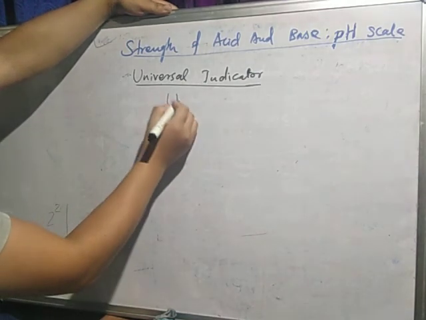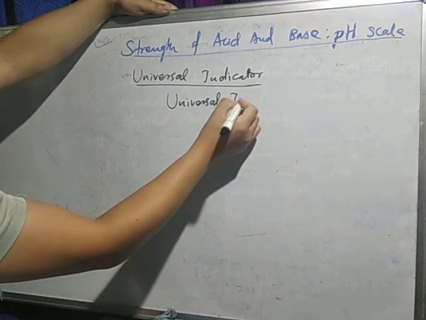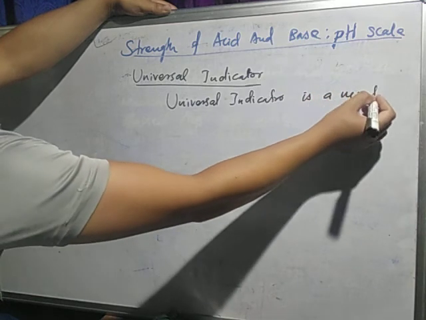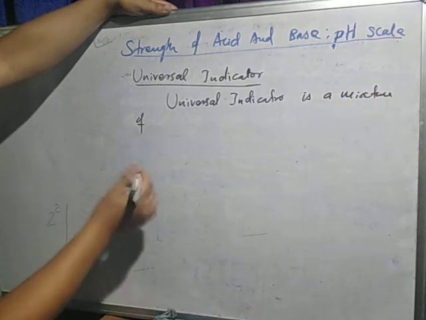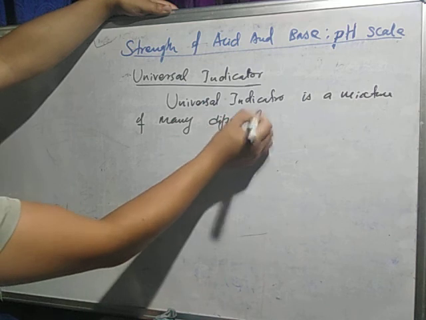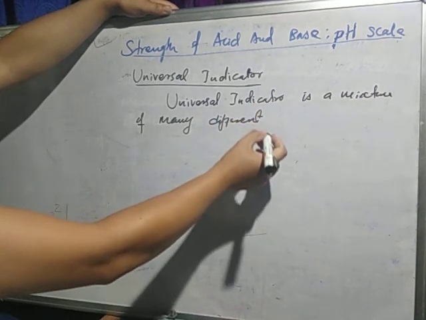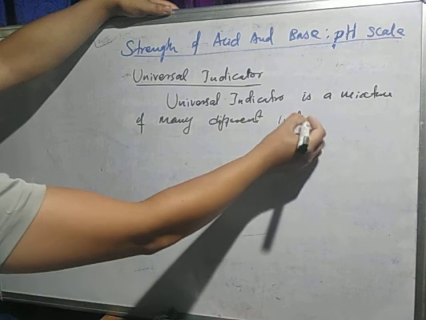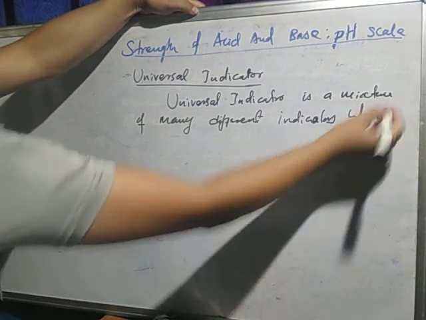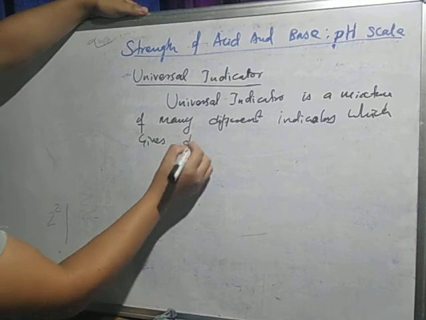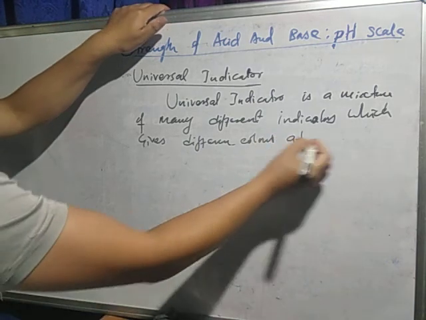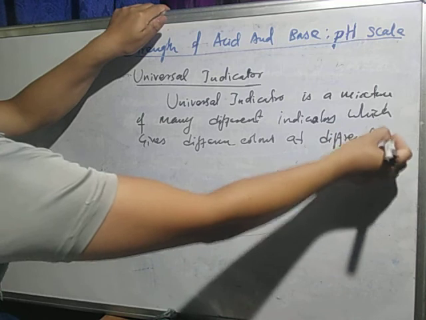So write down: universal indicator is a mixture of many different colors, or you can write indicator, which gives different colors at different pH.